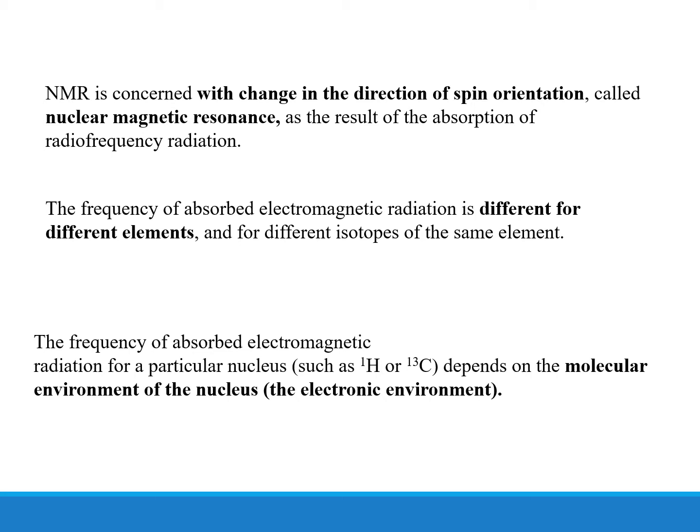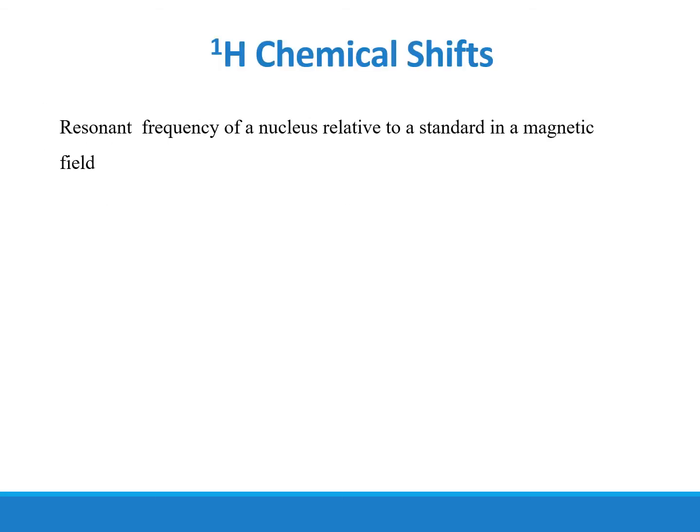When we say environment, depending on how the hydrogen and the carbon are attached to a given structure, it will absorb the radio frequency in a different way, and that will give us different peaks in the NMR spectrum.